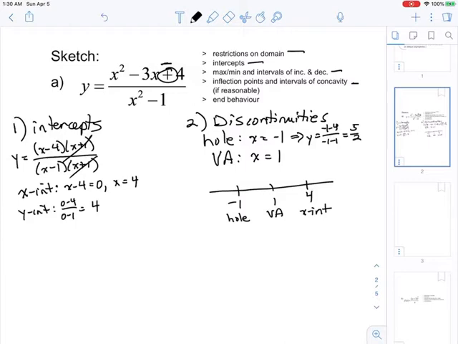Okay, so for the function y, I'll leave you to confirm this, but the function is going to be positive here, negative here, and positive here. So the plus-minus chart tells us what our behavior is at the vertical asymptote.